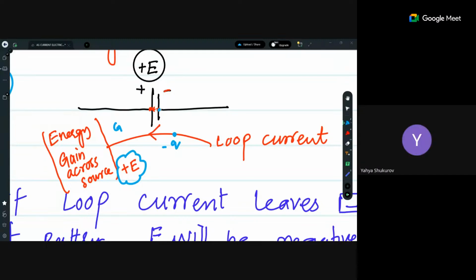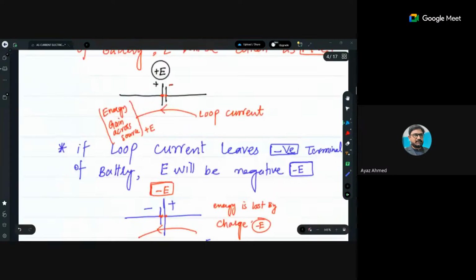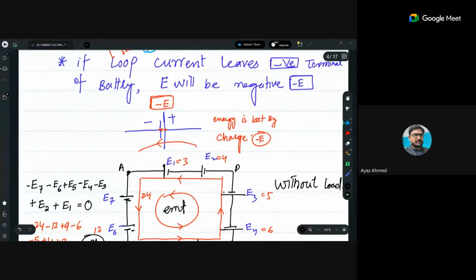So what we have to think about is that when a charge is entering from the negative terminal and leaving from the positive, it means it is gaining energy, and gain in energy will make it positive. And when the charge is entering from positive and leaving the negative, EMF will be taken as negative. Why? Because here the charge is losing the energy.